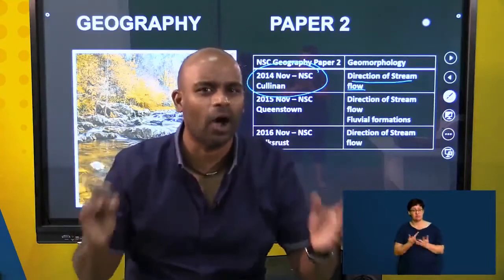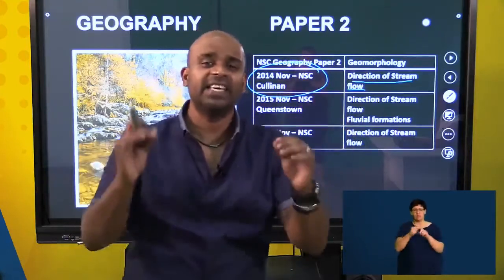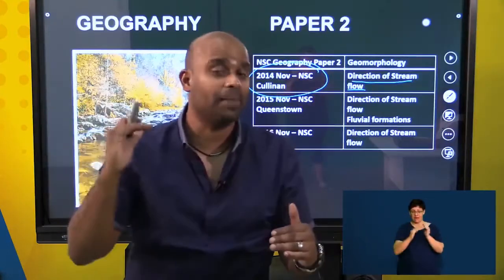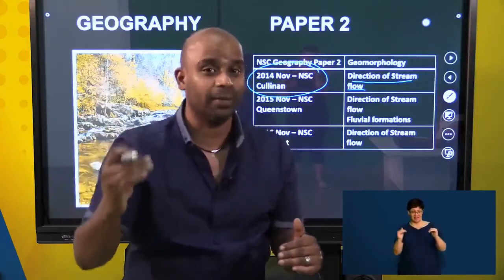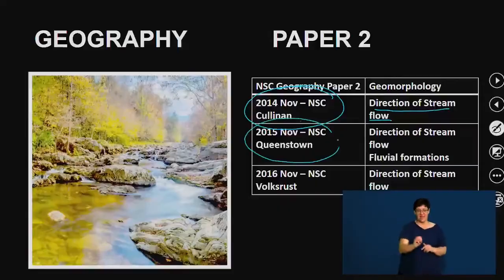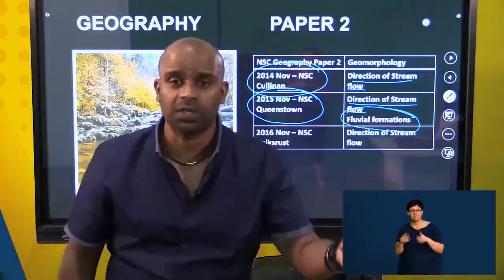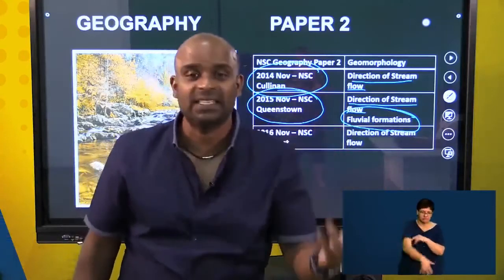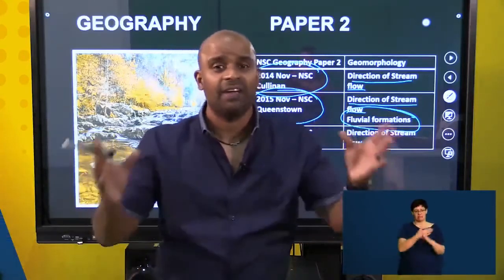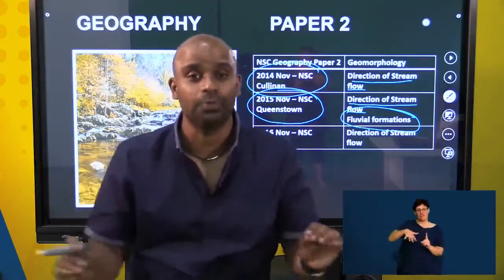What clues are there on the map? Yes, your trig beacons, your spot heights, your contour lines, and these give you the height of the landscape above sea level, which means that you should be able to use these heights to determine the direction of flow. Moving on to the 2015 Queenstown map, again, the direction of stream flow and fluvial formations. Fluvial formations, your ability to identify the formations such as waterfalls, rapids, meanders, as we discussed in paper 1, and various others that are located in that location of the map that you're being examined on.